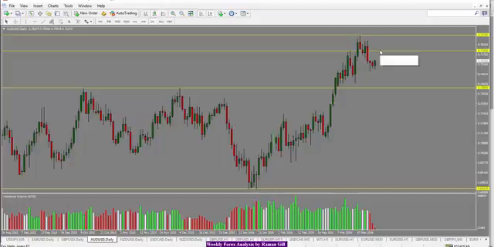We could expect a pullback into the 7600 level. And if the price holds below, we're looking for a potential move down to the 7380 level or at least 7400 level. However, if the price holds above the 7600, then we are looking for a move back into 7680. So the 7600 level would be key for Australian dollar.